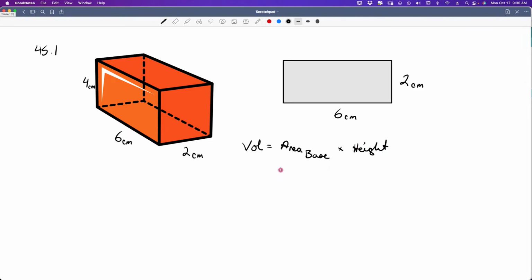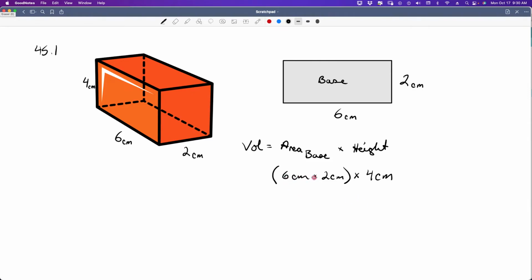All right, well, the area of the base, this is where we start using our parentheses in our calculations. So the area of the base, as illustrated here, is the same thing as on the bottom. We have 6 centimeters times 2 centimeters. And then that is going to be times the height, and the height is 4 centimeters. So we're going to put 4 centimeters in for the height.